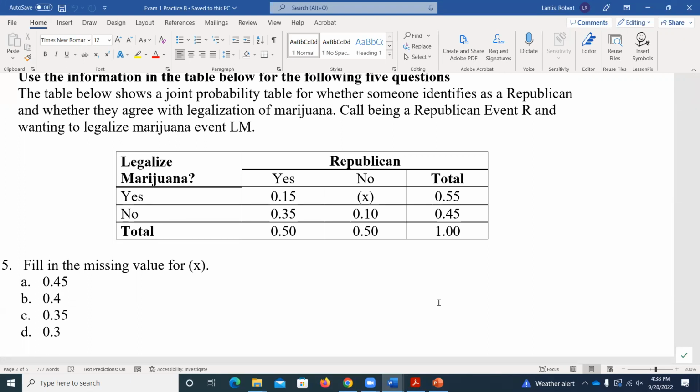The row or the column head. So if I want the probability that they're Republican, yes, the Republican, I go down to that total and get 0.5. Now notice in this one, I kind of had Republican, non-Republican evenly split, so it was a little bit easier. I could have maybe looked at the wrong column and still got the right answer here. But that won't always be the case. So that's what? 0.3?